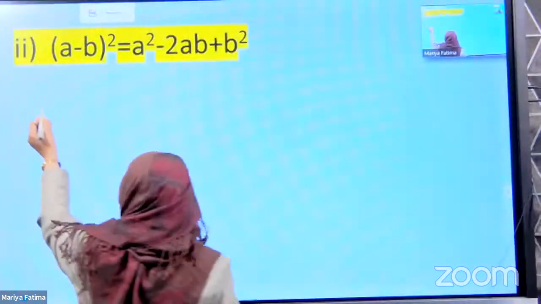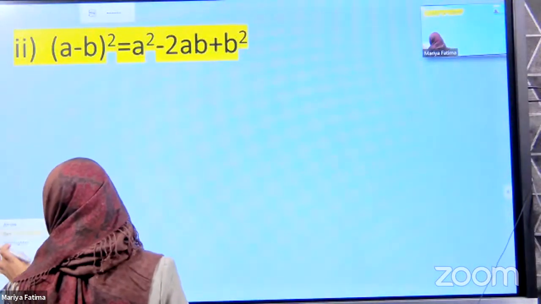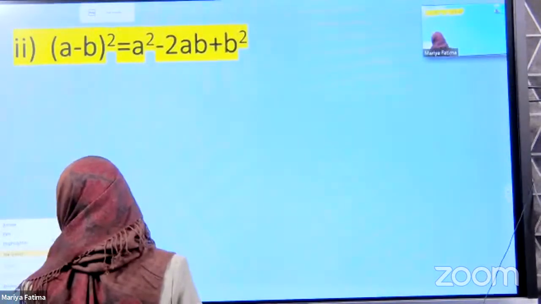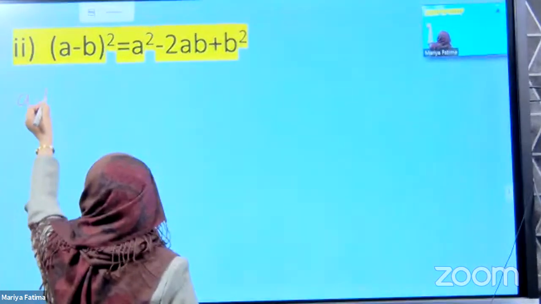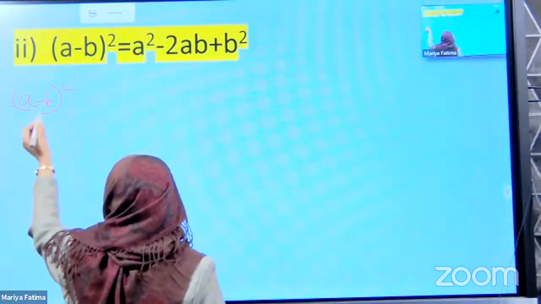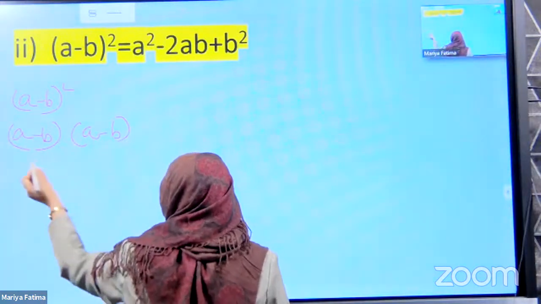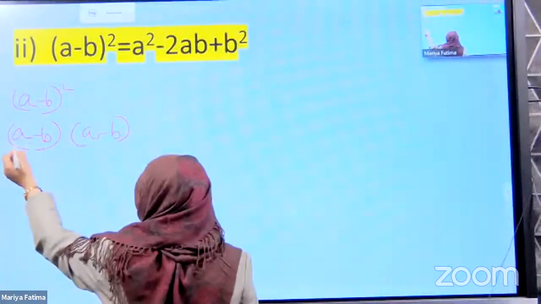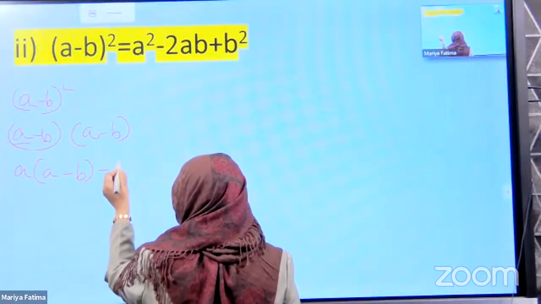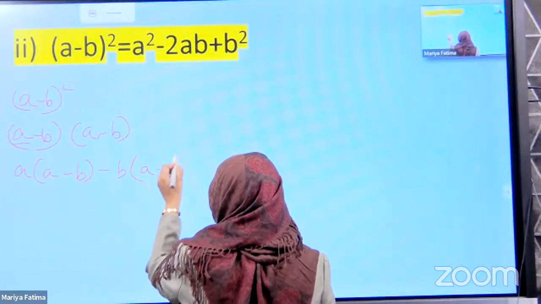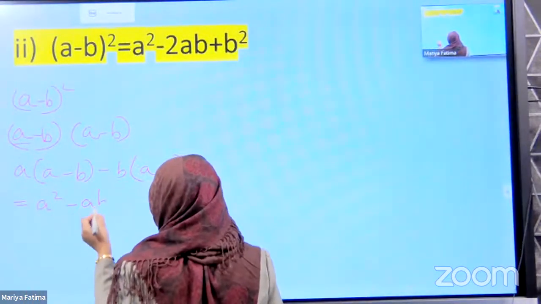See here, A minus B whole square, we are writing it as A minus B into A minus B. So we have to multiply this term with all the terms of this. A into A minus B, then minus B into A minus B. So A into A will become A square minus AB.